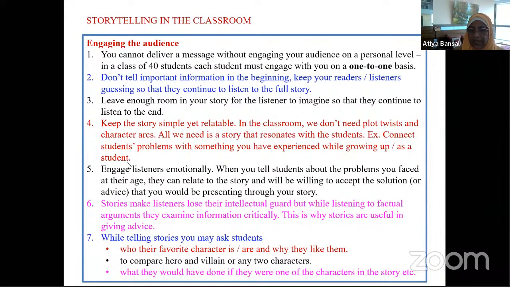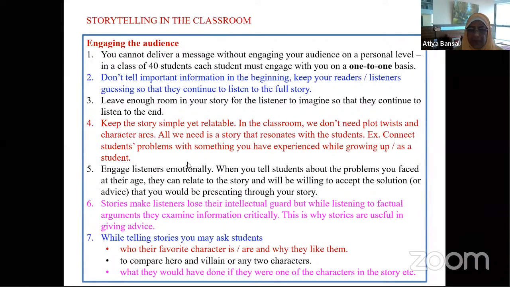For example, connect students' problems with something you have experienced while growing up as a student. All growing up people have lots of problems, even in the colleges, although they are almost adults now. So choose topics with which students can relate.